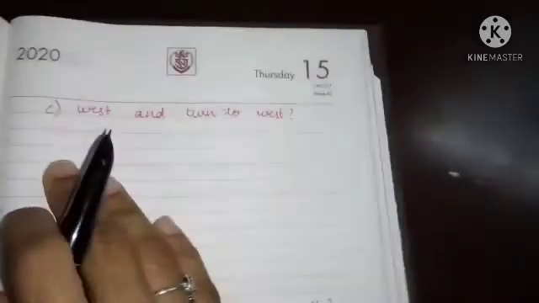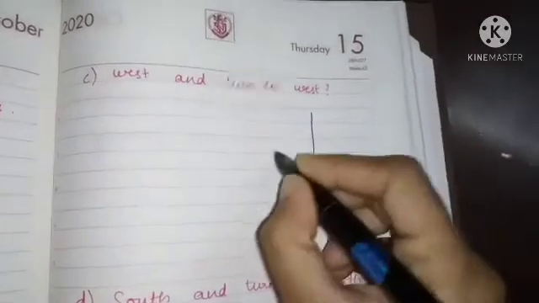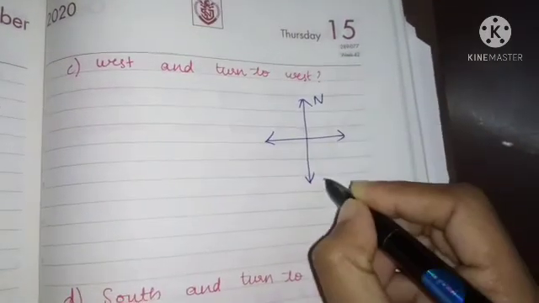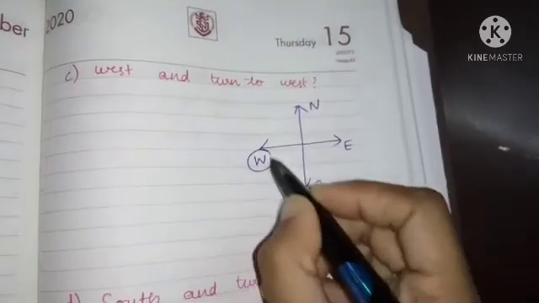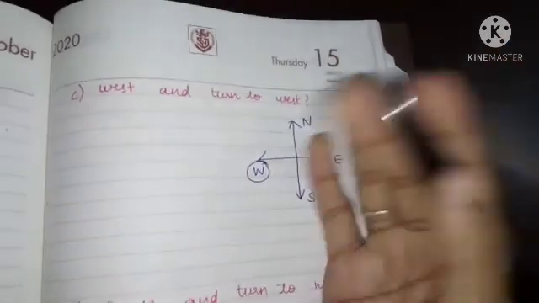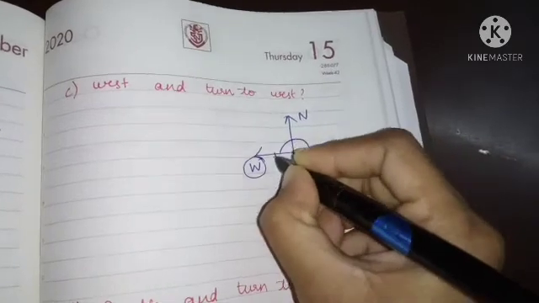C problem. You are at west and turn to west. So, here again I am drawing north, south, east, west. You are at west. So, you should turn towards the west, either in clockwise or anti-clockwise. So, I am going and again I am reaching west.